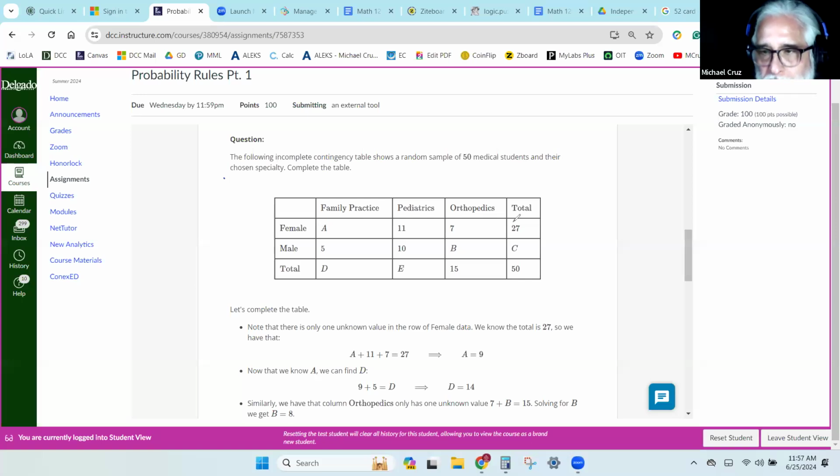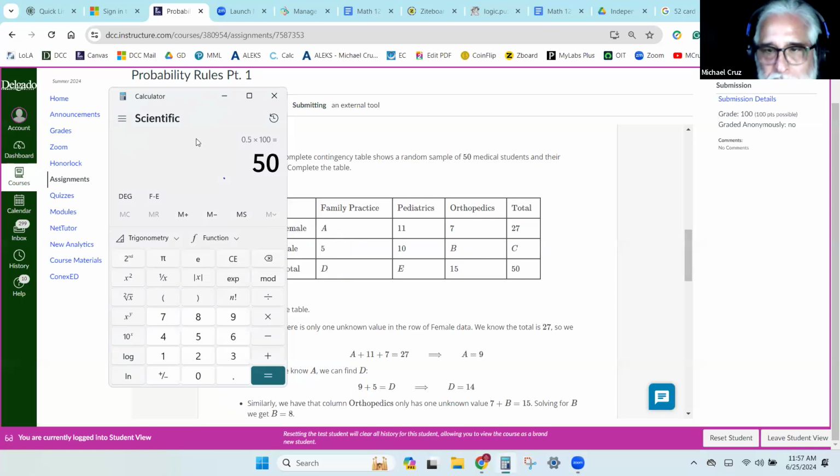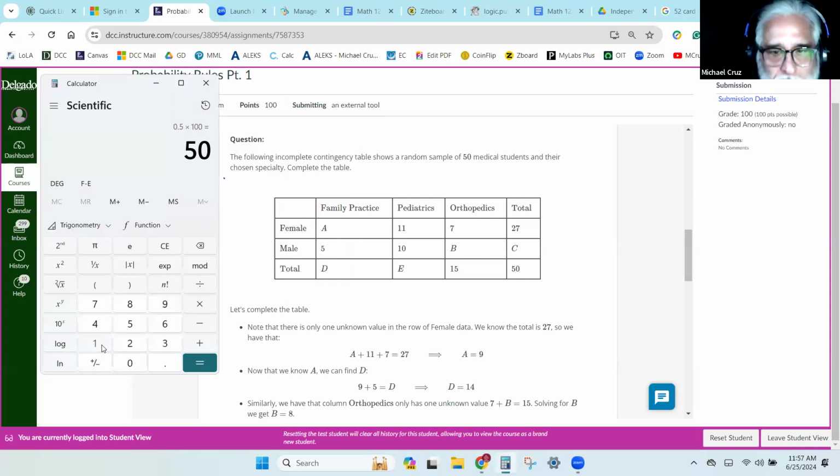All right, so these all have to add up to 27. So what I'm going to do is take the 2 numbers I have, 11 plus 7, and subtract those from 27. So that means what goes here is 9. So that's replacing that.